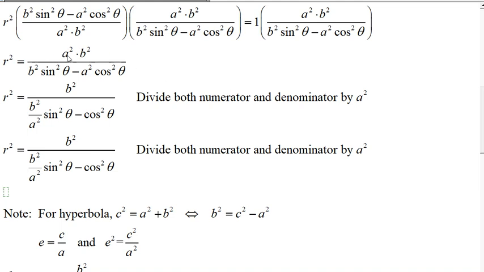Dividing the numerator by a squared, we get b squared. Divide each term in the denominator by a squared. So we have b squared divided by a squared times sine squared theta; a squared divided by a squared is 1, so we just have cosine squared of theta.